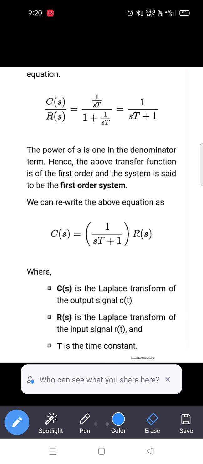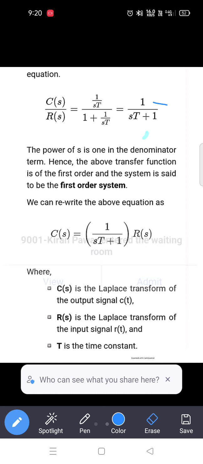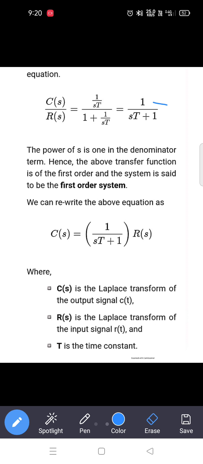Now the above equation we can also write with R of s, so it will come as 1 upon sT plus 1 into R of s. Here C of s is the Laplace transform of the output signal and R of s is the Laplace transform of the input signal, and t is the time domain.